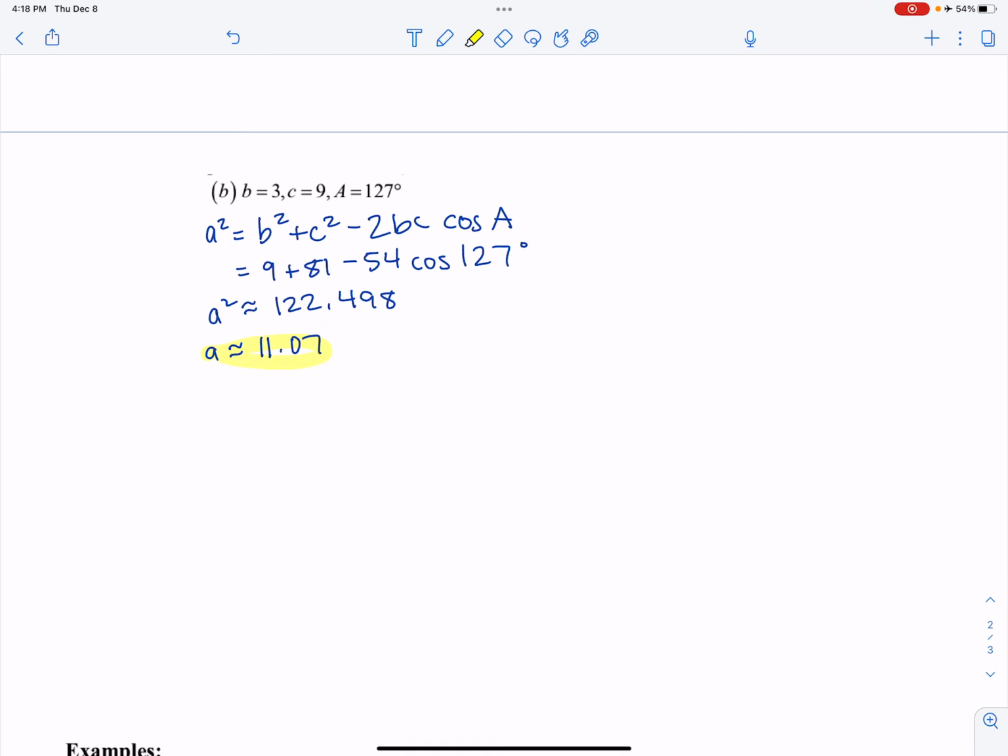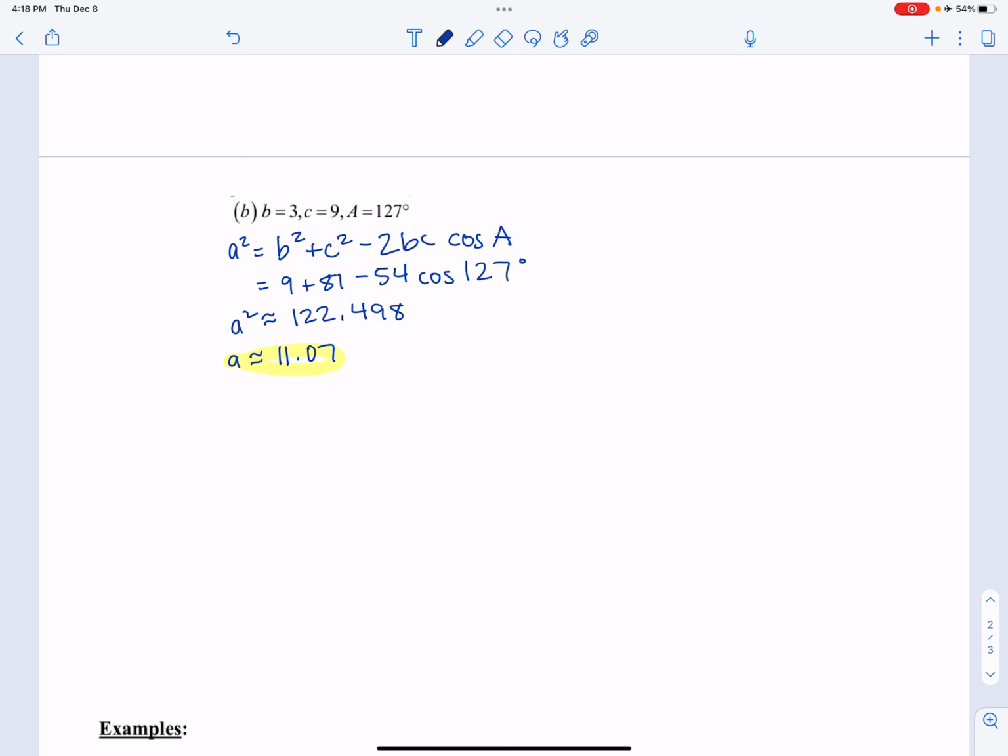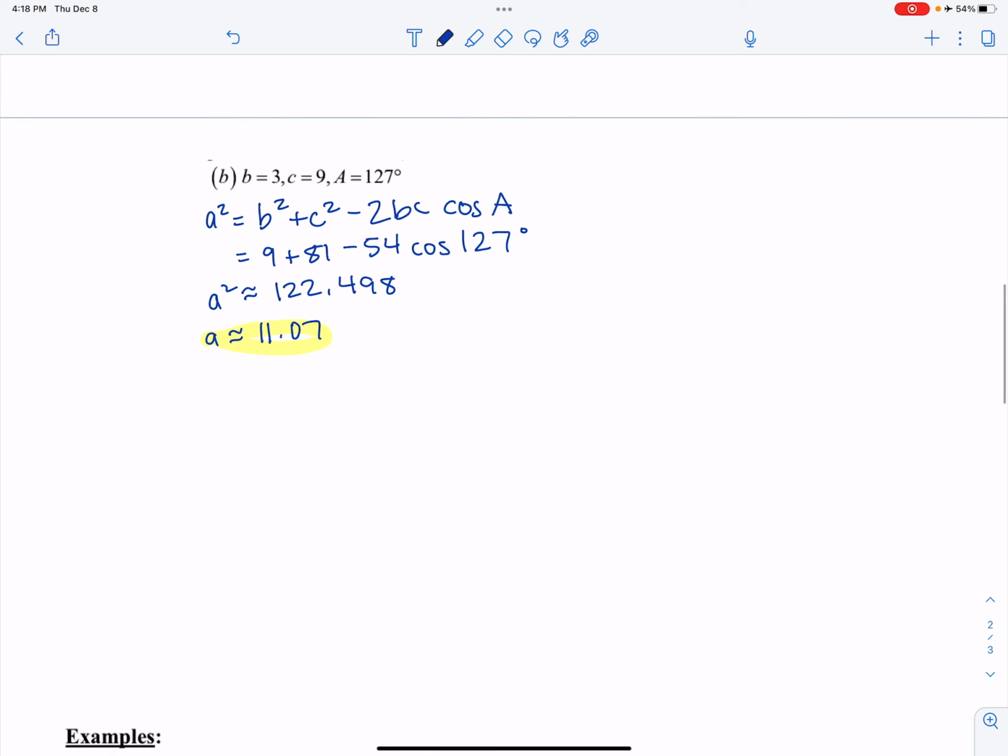So we have a, b, and c. We have angle A. Let's find angles B and C. So once again, I'm going to use b squared equals a squared plus c squared minus 2ac cosine of that angle B that I'm looking for. 9 equals 122.5449.